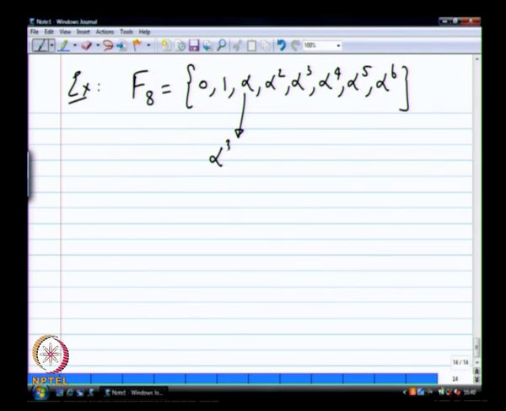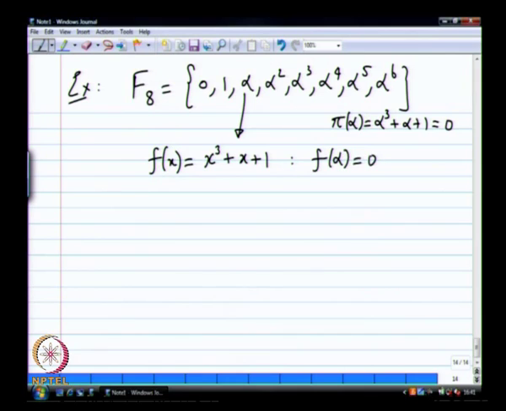If you look at the definition of this field, pi of alpha was simply equal to alpha cubed plus alpha plus 1, and this was equal to 0. So, one polynomial which has alpha as a root is x cubed plus x plus 1. If you think of f(x) equal to this, f(alpha) equals 0. This is in F_8, that is crucial.